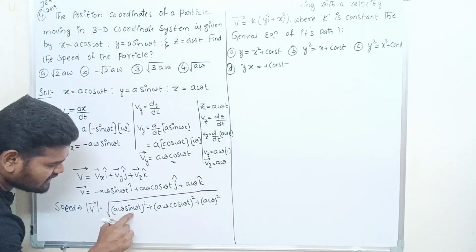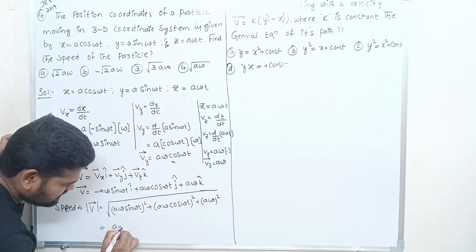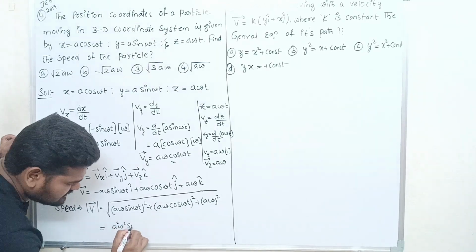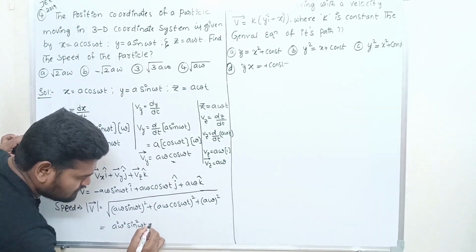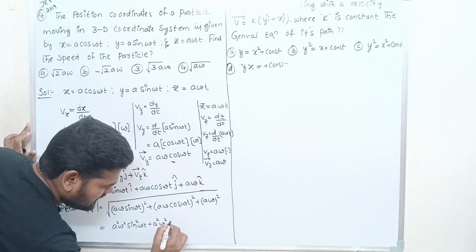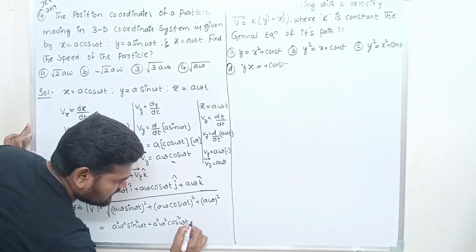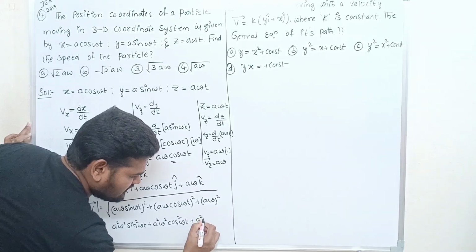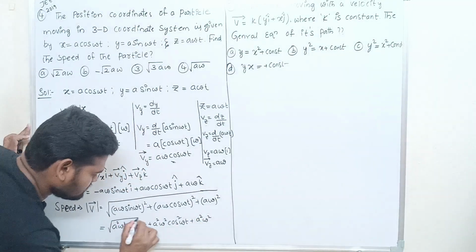Have a look here. A omega sin omega t whole square, you will get a square omega square sin square omega t, plus a omega cos omega t whole square, again you will get a square omega square cos square omega t, plus here we have a square omega square, under root.